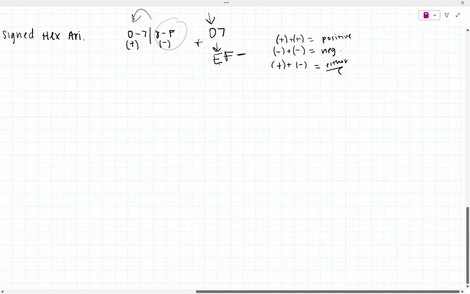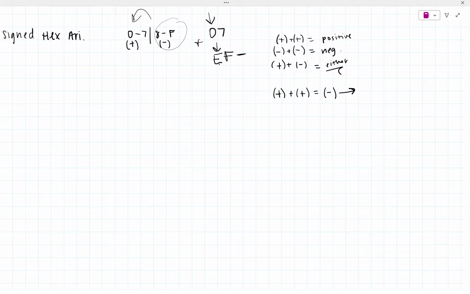However, if we get a positive and a positive number and we end up getting a negative, that is an indicator of overflow, right? And same thing for negative. If we have two negatives and we end up getting a positive, that's also an indicator of overflow.